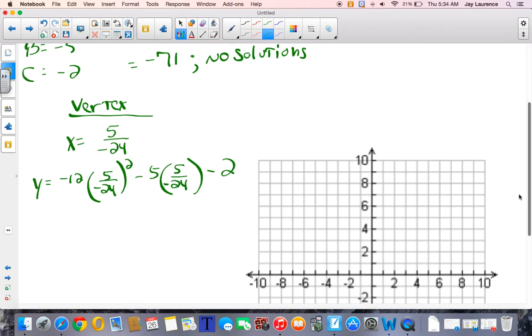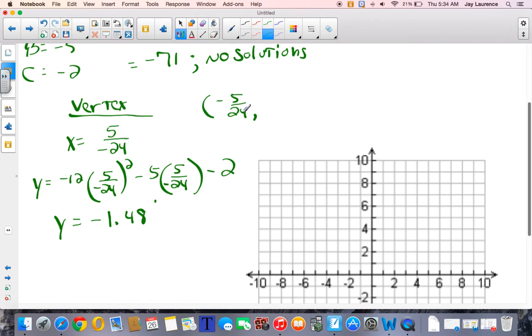Negative 12 times negative 5/24, and x squared, minus 5 times negative 5/24 minus 2. And I'm going to get a y-coordinate of about negative 1.48.